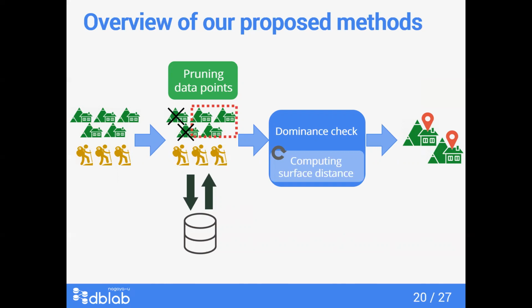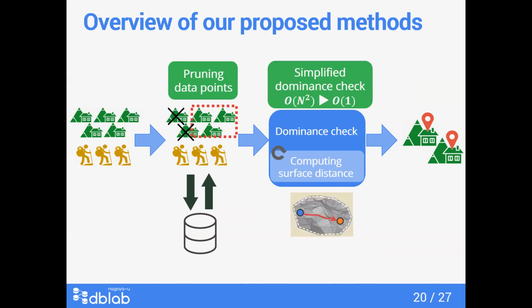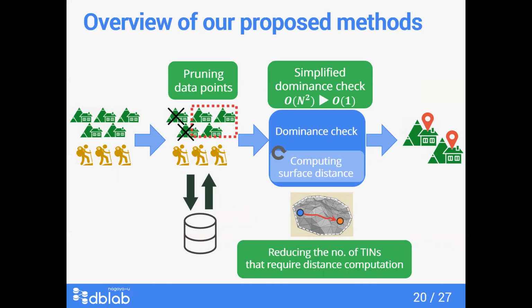Next, we determine whether the point is a skyline point by simplified dominance check, which doesn't compute high cost surface distance. Finally, if we need to compute the surface distance, we can reduce the number of vertices in the TIN to reduce the computation time.